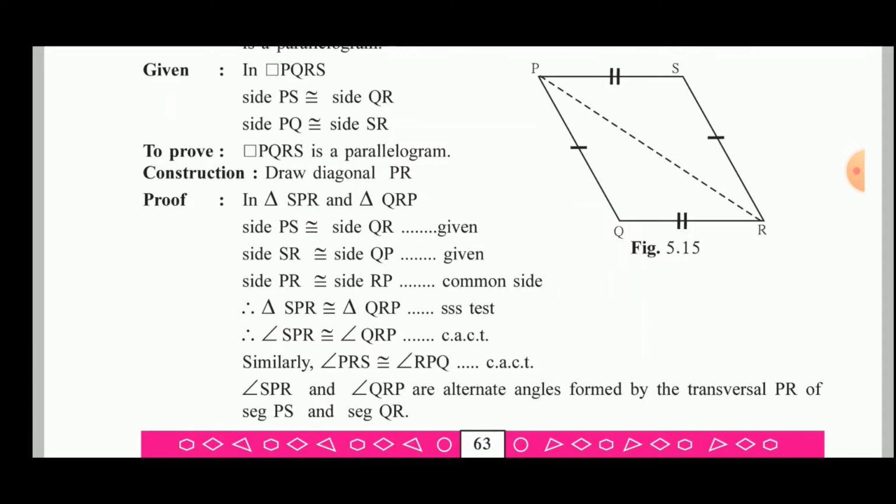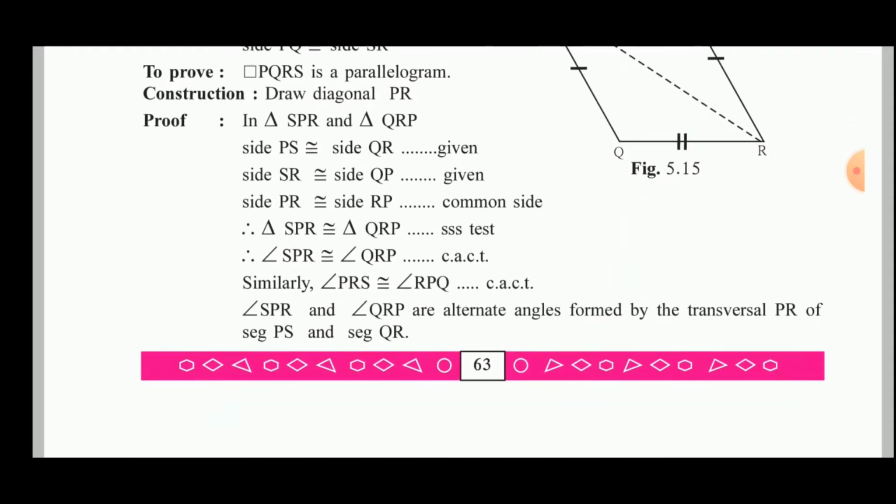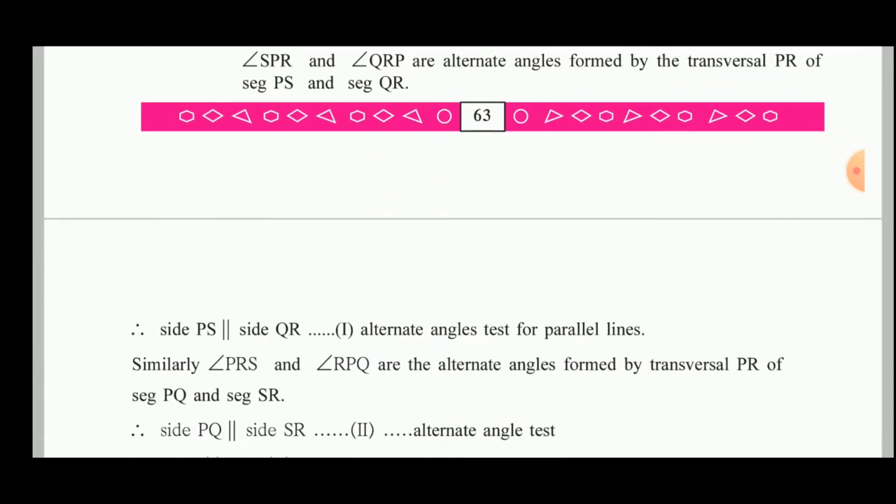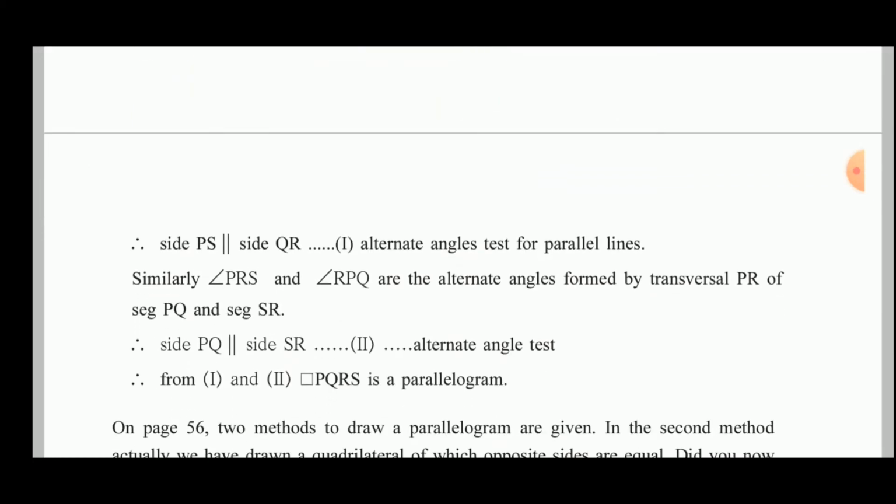Now, angle SPR and angle QRP are alternate angles formed by the transversal PR of segment PS and segment QR. Therefore, side PS is parallel to side QR by alternate angles test for parallel lines.